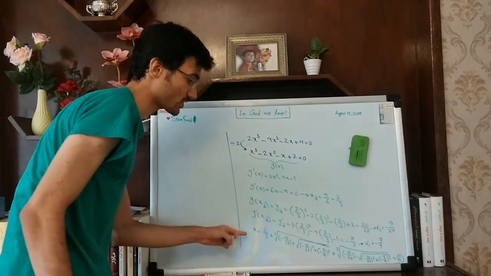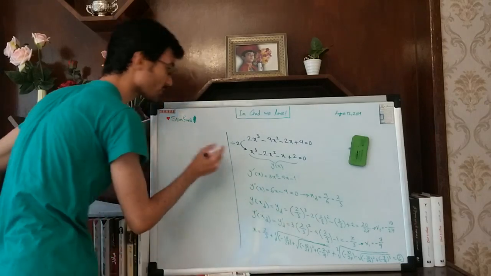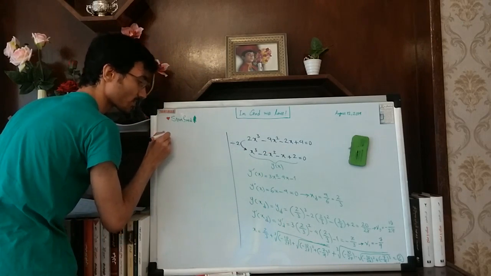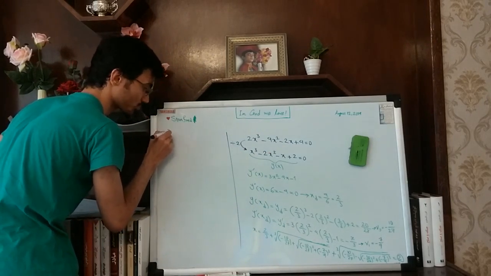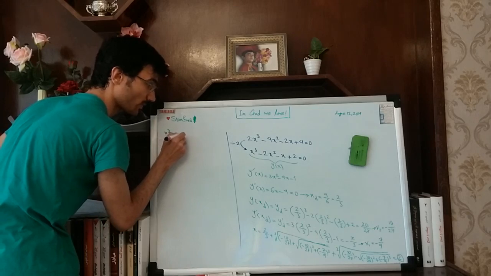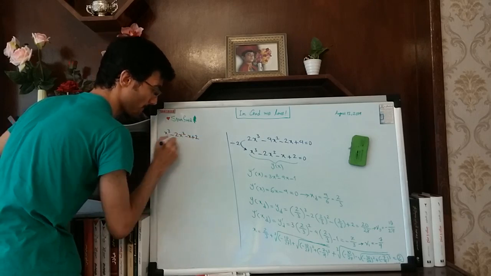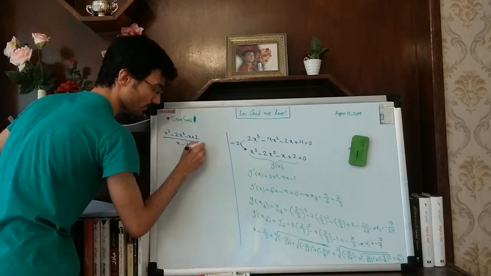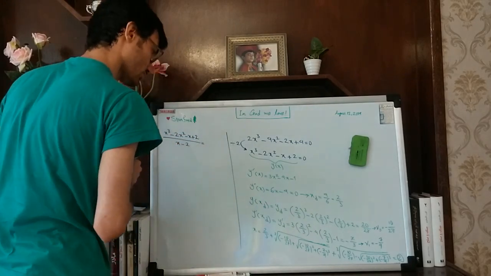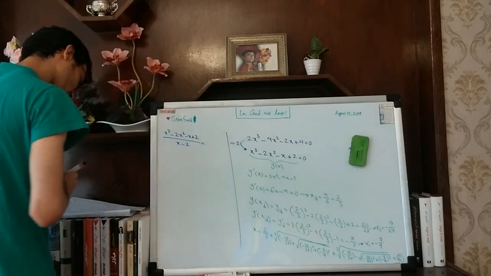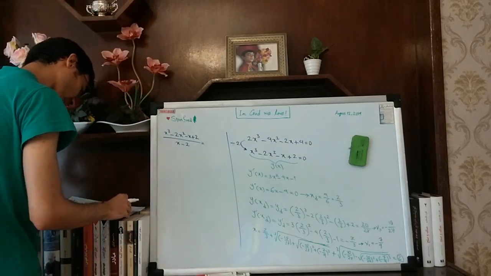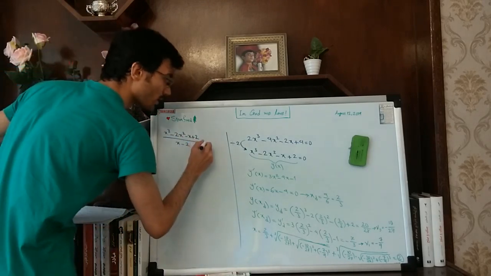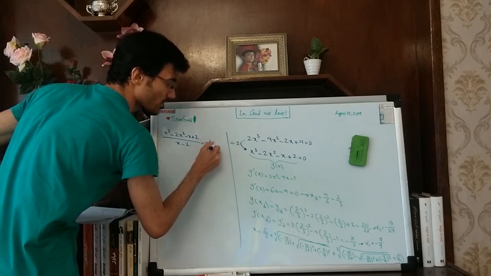Here we found one of the roots, which is x equals 2. Now if we divide the left side of the equation, I mean y of x, by x minus 2, we get a quadratic function: x squared minus 1.